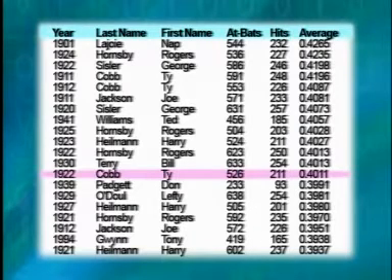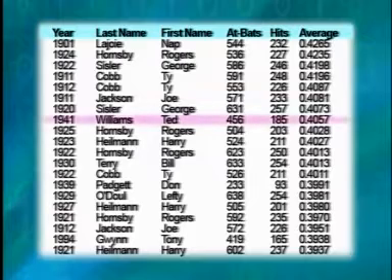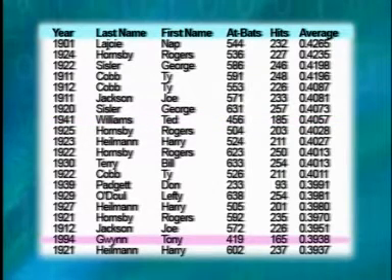And notice that all of these highest batting averages took place before the year 1942. 1941 was the last year in which any batter hit .400. Now, it's true that down here at the very bottom, we have in 1994, Tony Gwynn hit a .394 average. But all of the previous ones above that were 1941 and before.